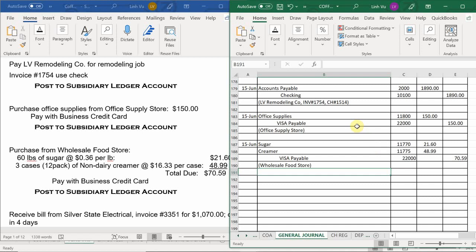And so we're going to the ledger, to the asset.